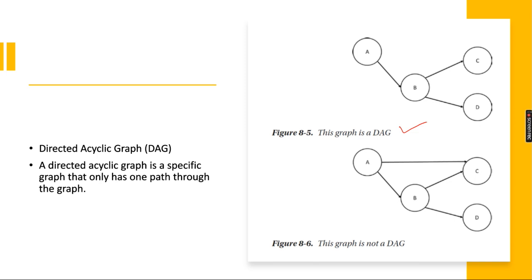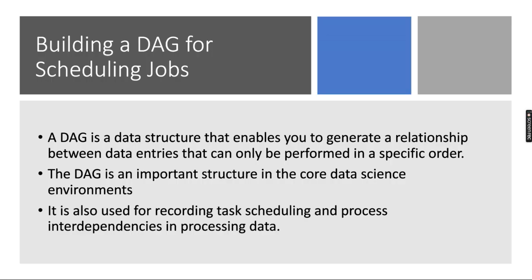So, this is a DAG, the first graph, whereas this is not a DAG, because here from A we can go to C via B, or we can directly go to C. So there are two paths, that's why this is not a directed acyclic graph.